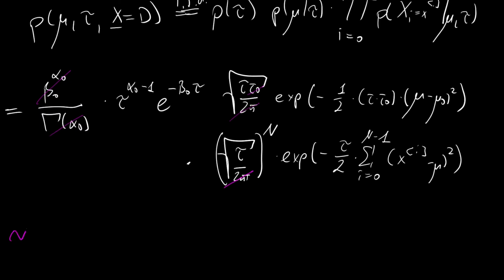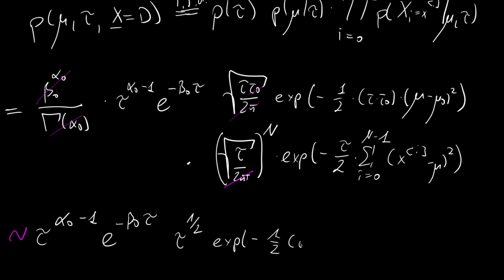So in total, this will then give us a proportional of tau raised to the alpha 0 minus 1 times e to the minus beta 0 tau, and then tau raised to the 1/2, because it's the square root of tau, then times the exponential of minus 1 over 2 times tau 0 times mu minus mu 0 in brackets squared.